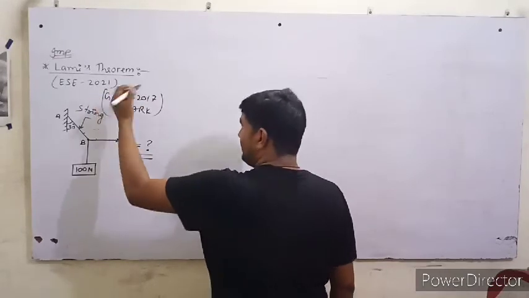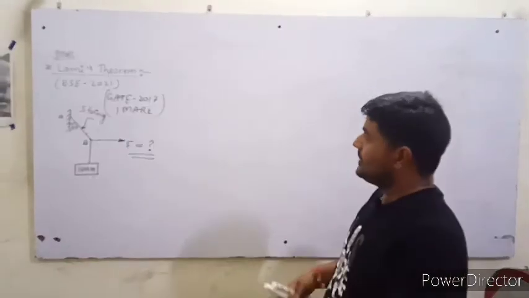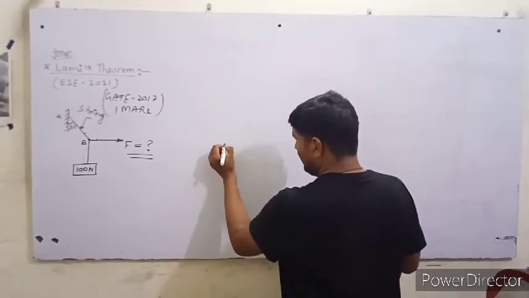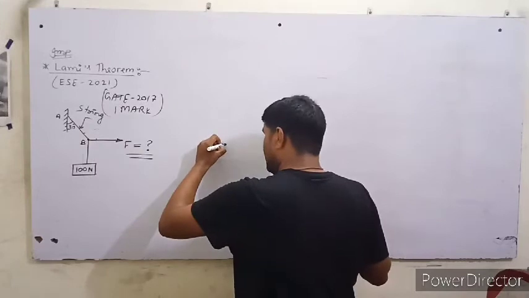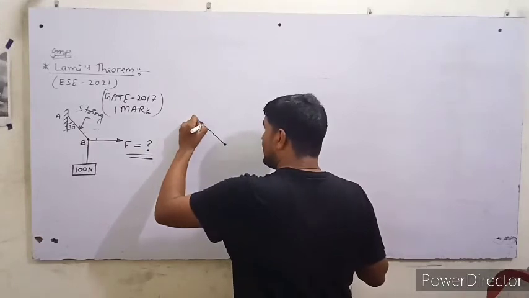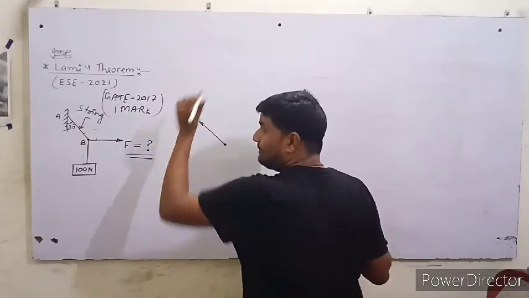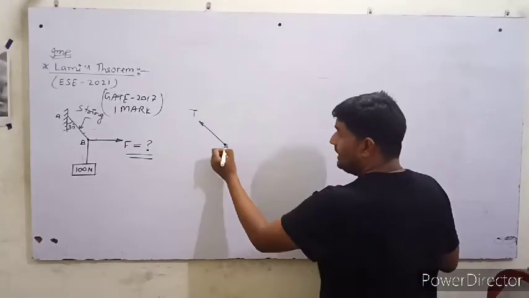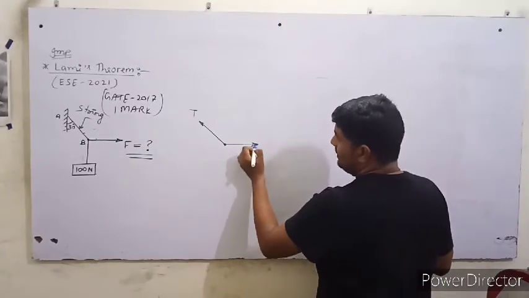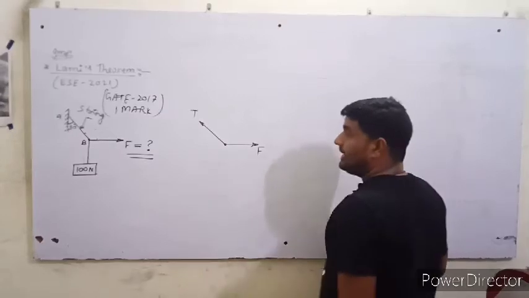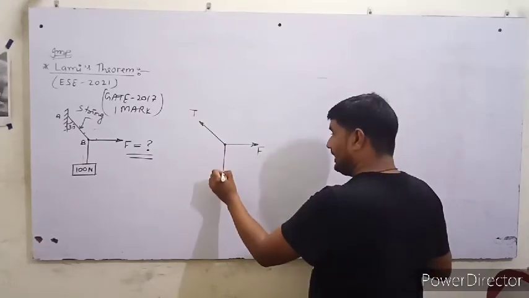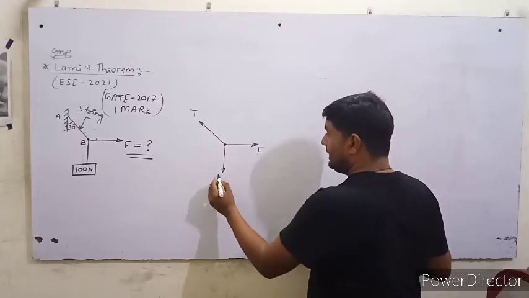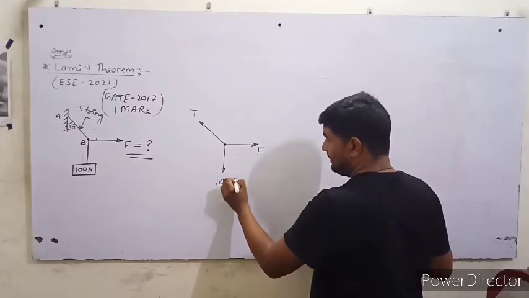So let's take it. We all know a string is subjected to a tension, that is capital T, and a force of magnitude capital F, already shown, and a weight of 100 Newton is acting in the vertical downward direction.